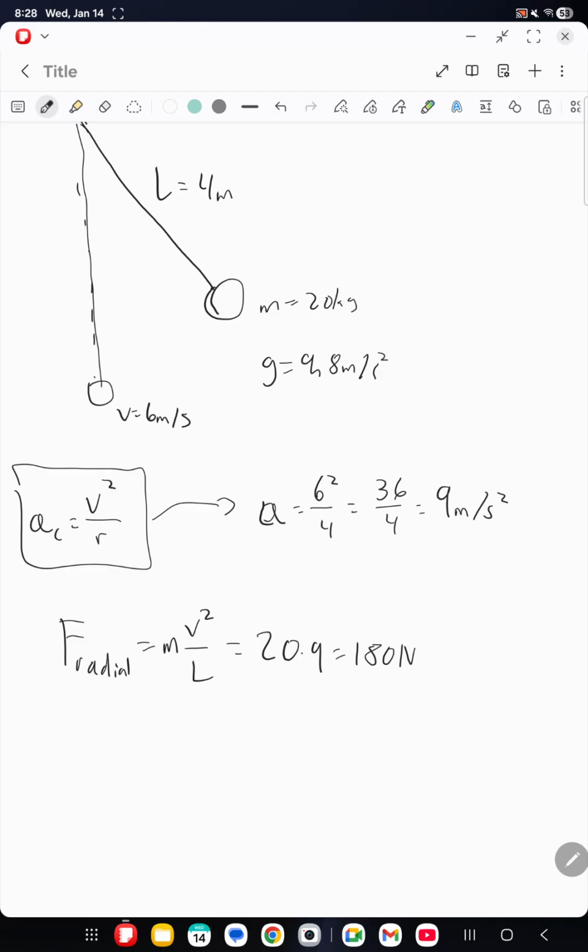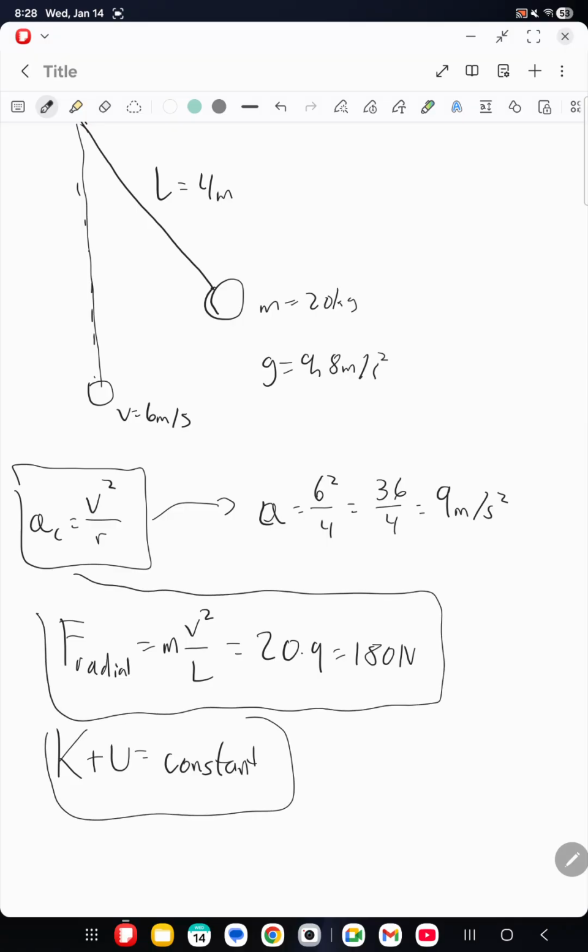And for energy conservation, if we ignore air drag and friction, we'll have K plus U equal to a constant. We want to know what the acceleration at the lowest point is, because that was our first question, and we organized everything we have.